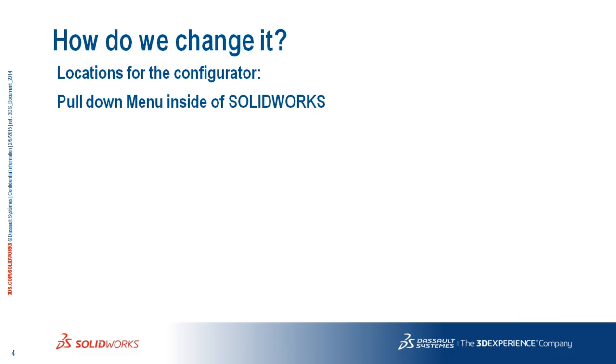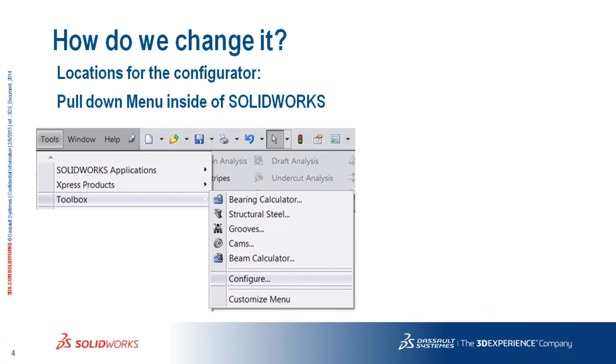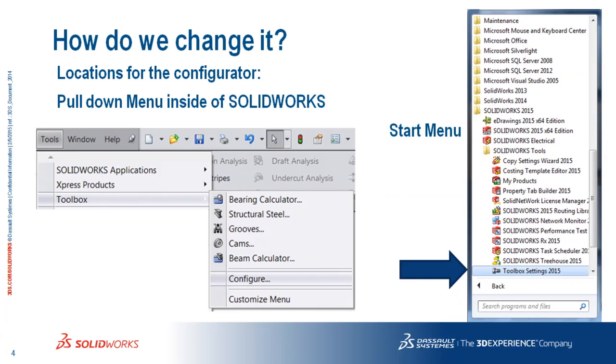All right, so now we know where it is. How do we change it? Where are the locations for the configurator? There are four places for the configurator. You can find it on the pull-down menu inside of SOLIDWORKS: Tools, Toolbox, Configure. Or it is on your Start menu: Start button, navigate to your SOLIDWORKS folder, Toolbox Settings, and you can launch it right from there.